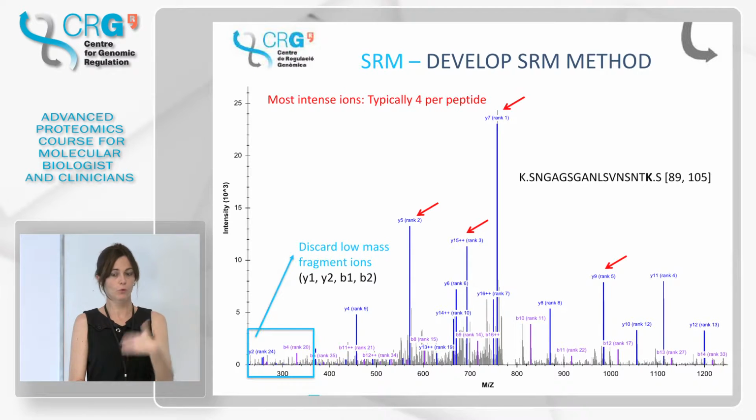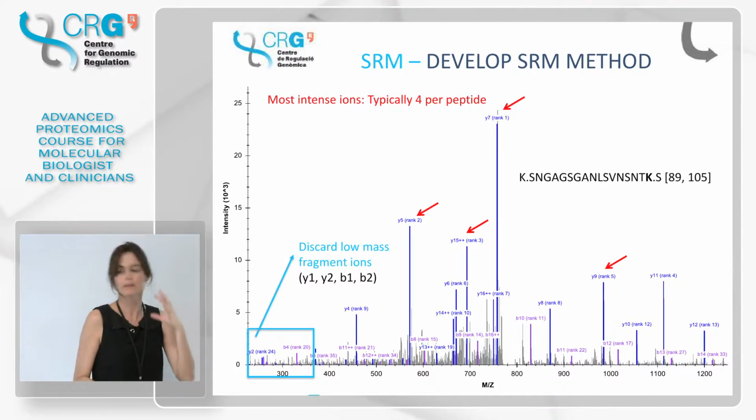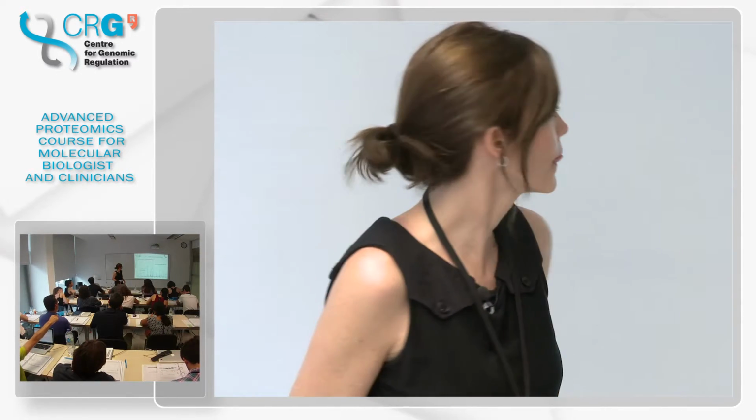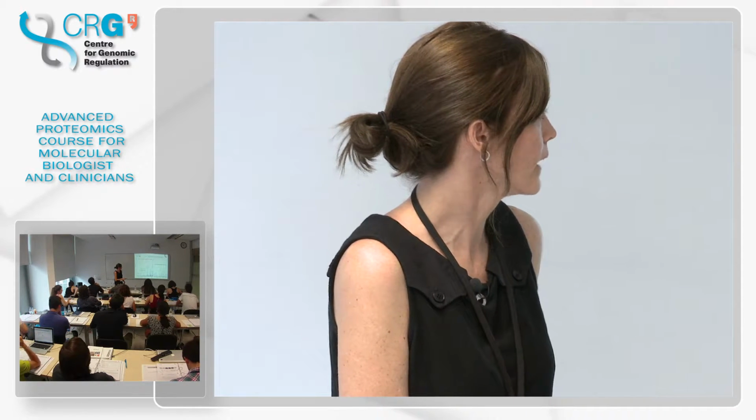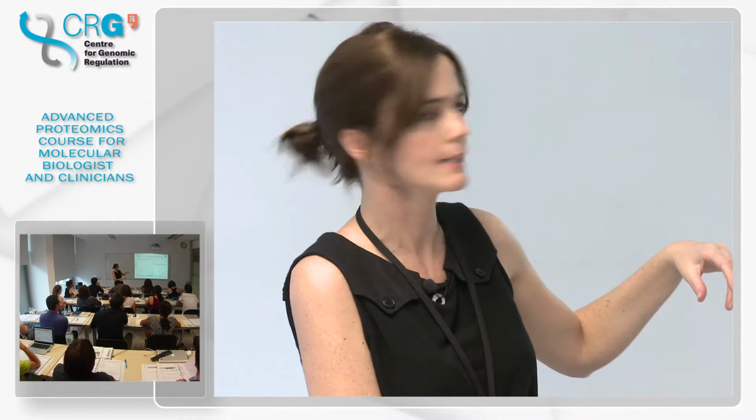So this afternoon when you are doing this in practice on your computers, you need to have these tricks in mind. For the notation of the peptide, I need you to understand this K point and this point S. This is like a print screen of how Skyline, the software you're going to use this afternoon, looks.